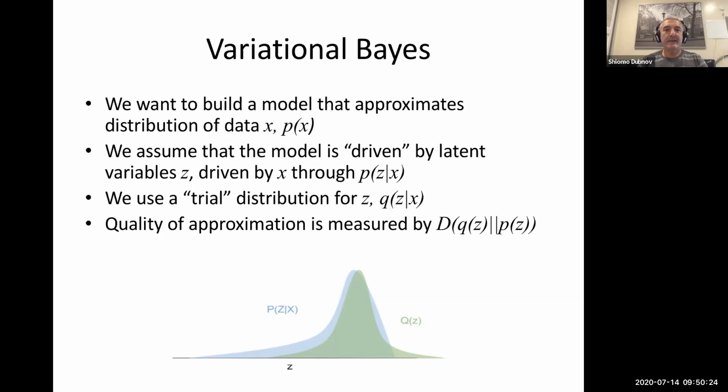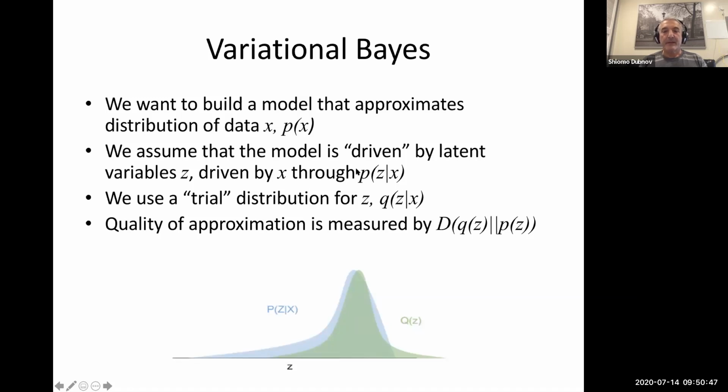What we try to do is have this trial distribution Q on the latent space Z. One important part about this slide is to introduce the notation. We have latent variable Z, and we have a trial distribution Q(z).